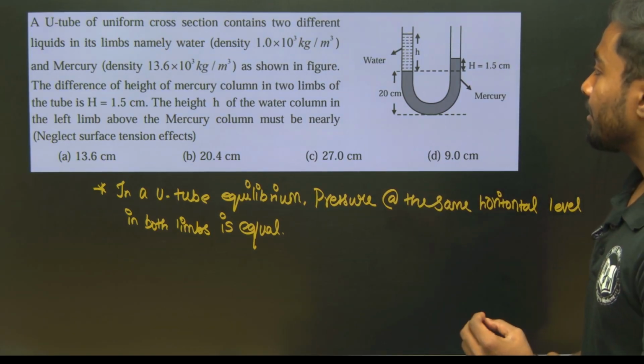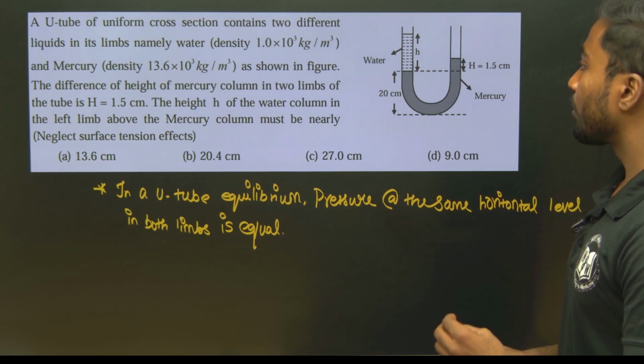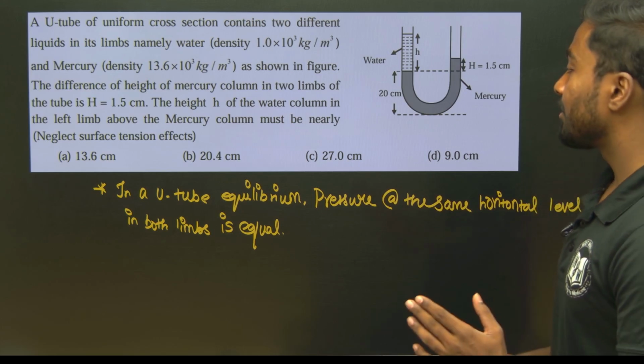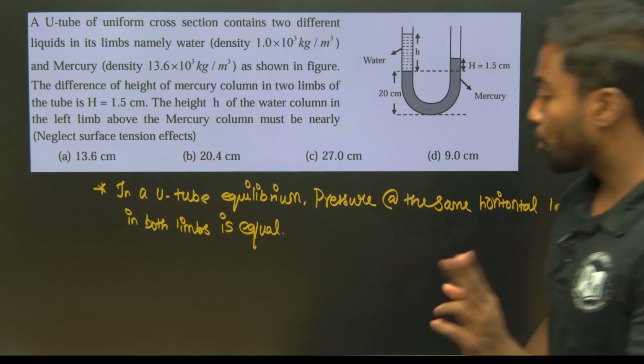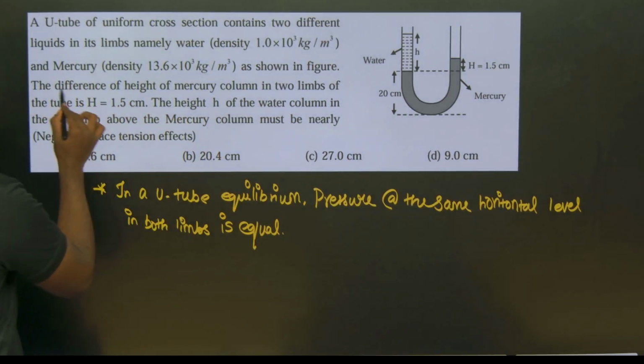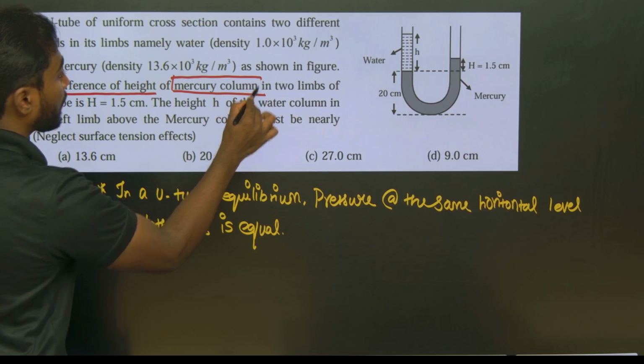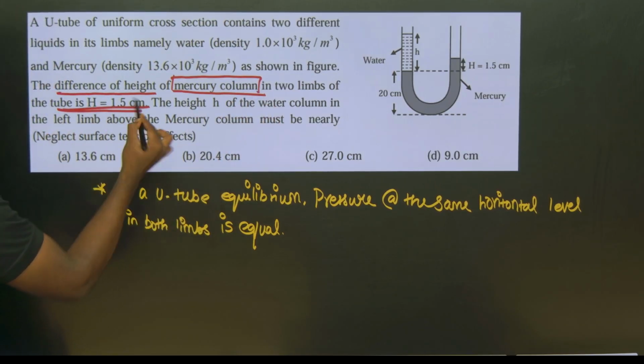The difference of height of the mercury column in the two limbs of the tube is h equals 1.5.